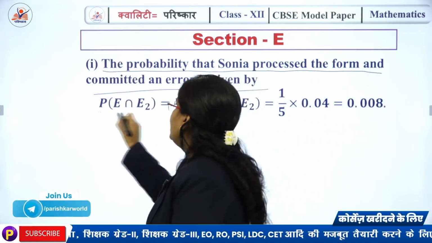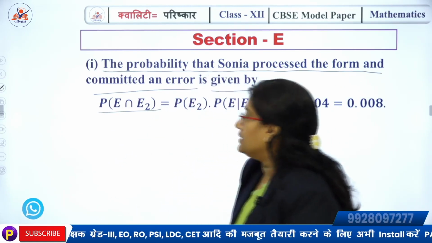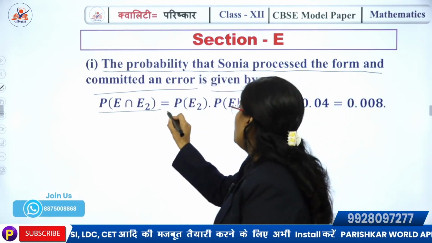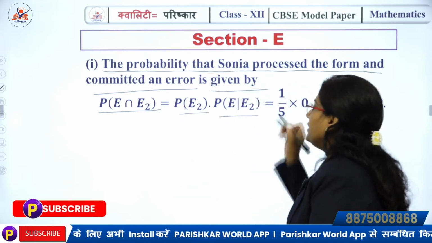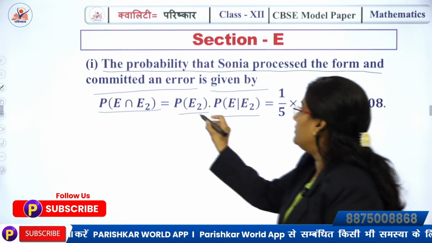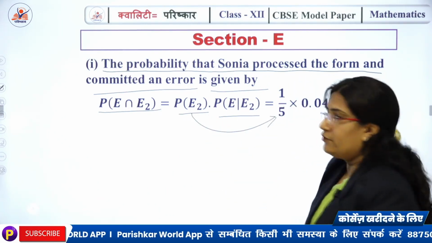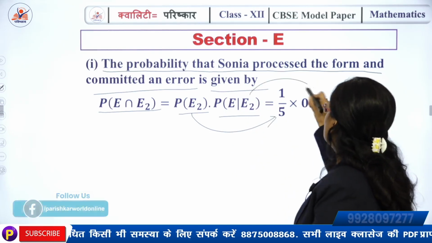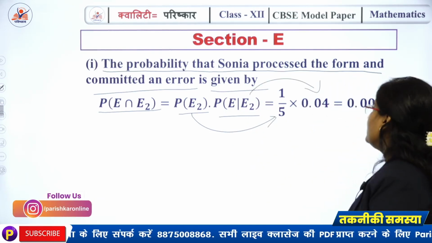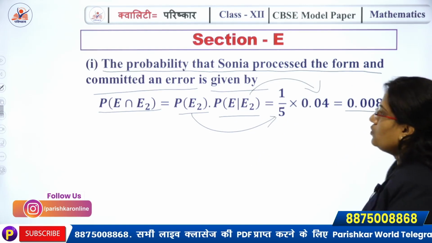Let's see, probability of E intersection E2 is equal to probability of E2 dot probability of E by E2. We have probability of E2 is 1 upon 5 and probability of E by E2 is 0.04. After calculating, we get 0.008.